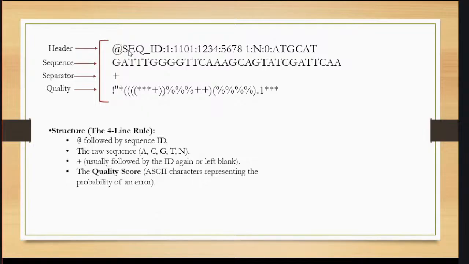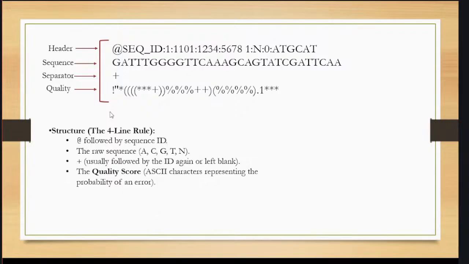In the header, after @ there can be the ID of the sequence, or the complete information of the sequencing machine where you put your sample in the flow cell, what is the index number, or what is the indexing. Everything you will come to know from this information. So the formatting is: the header which starts with @, the sequence, +, and the quality score.